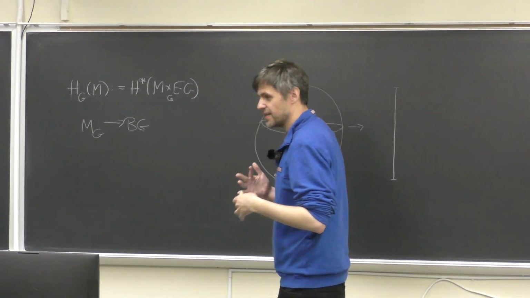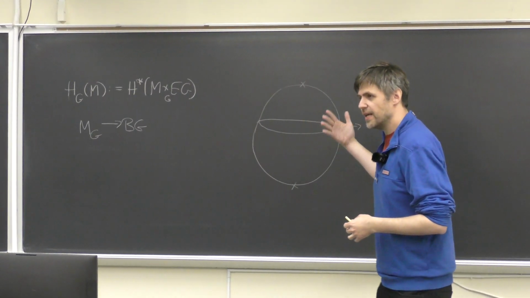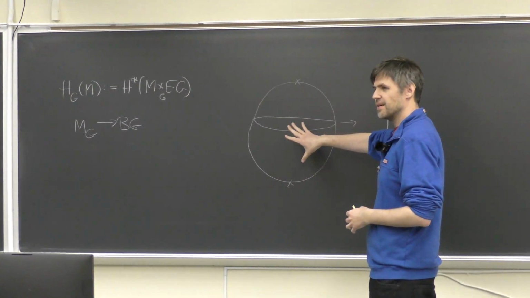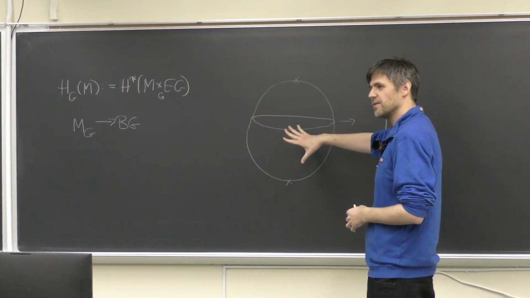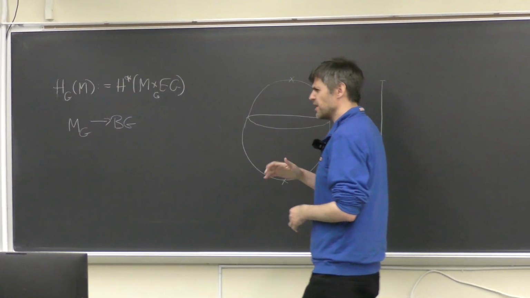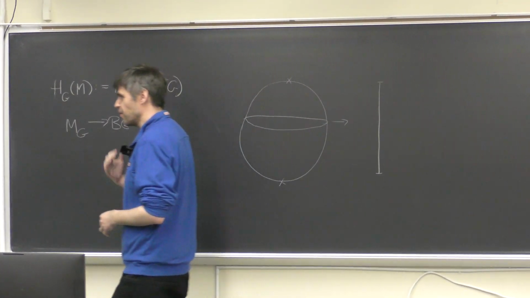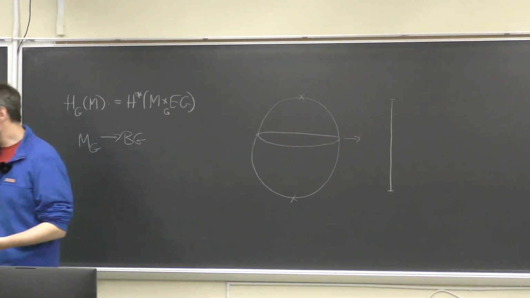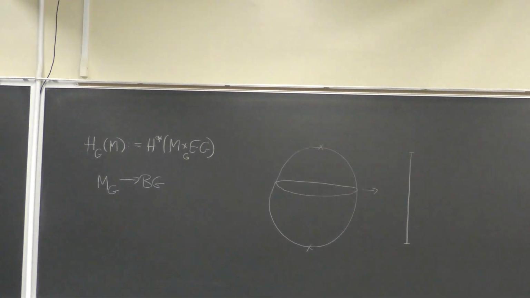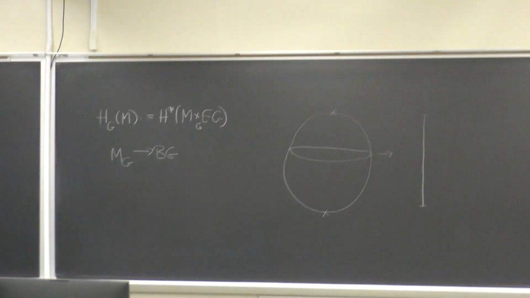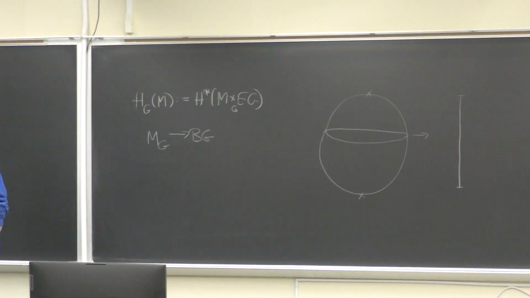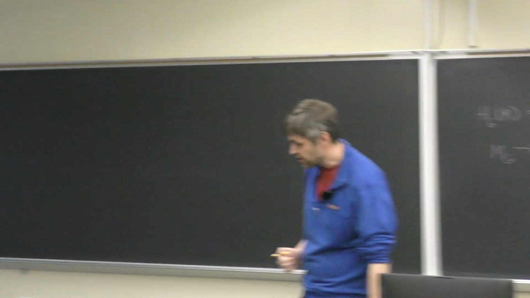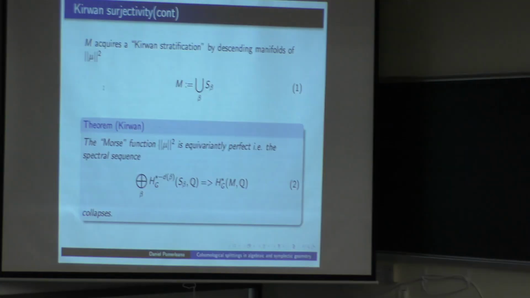If you're doing things non-equivariantly, then clearly the Morse-Bott spectral sequence associated to this function wouldn't degenerate. It won't calculate the cohomology of S2, but if you do things equivariantly, it does. So what's the mechanism here? The idea goes back to Atiyah and Bott.